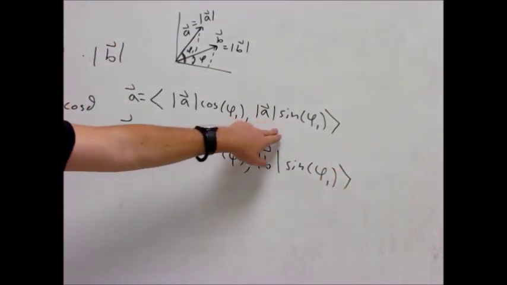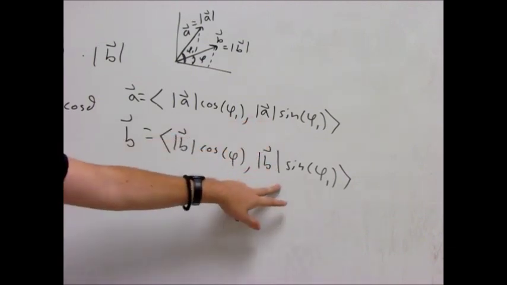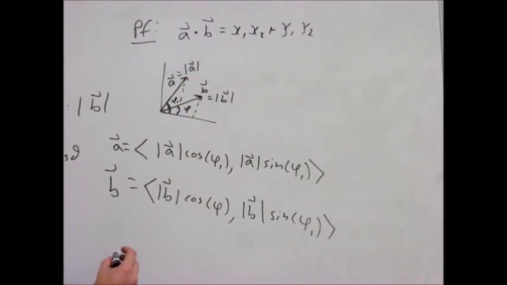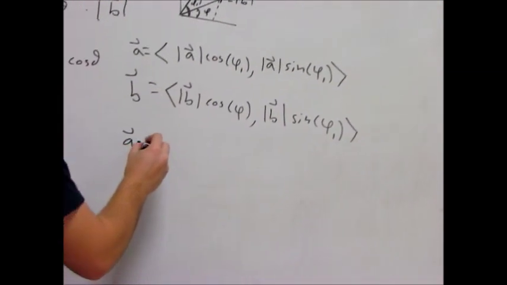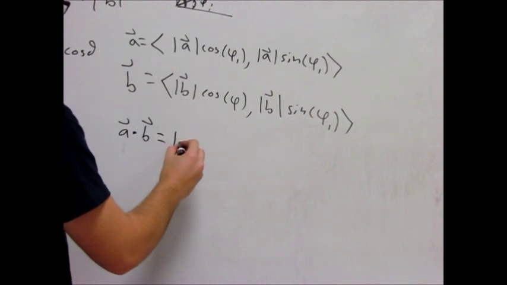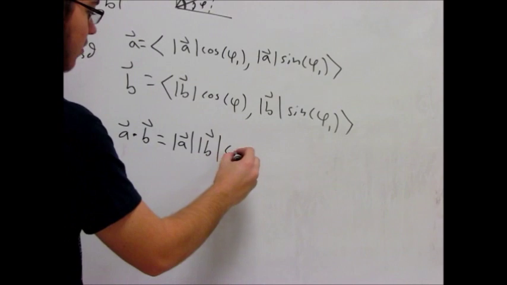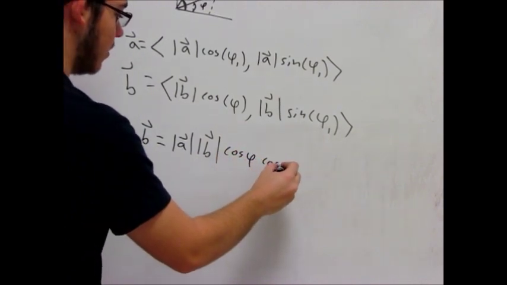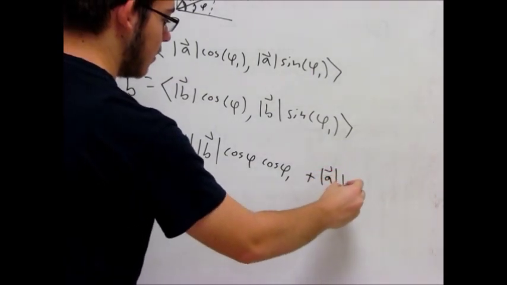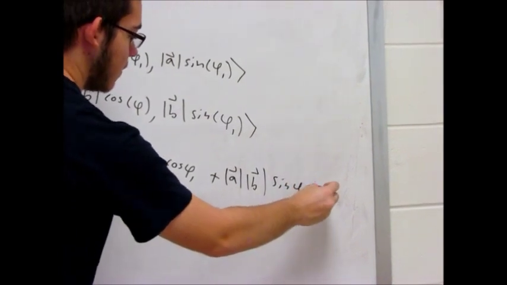So this is x1, y1, x2, y2. And so when we rewrite this like this, we say that A dot product of B is this times this, so that's A times B times cosine phi1 plus A B sine phi1.